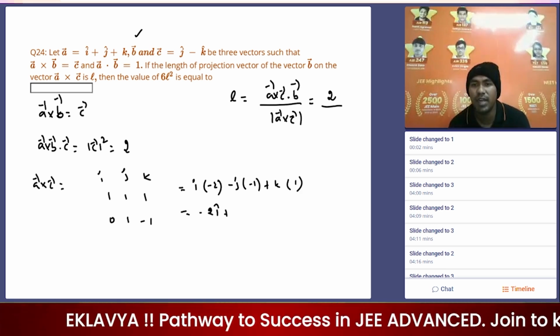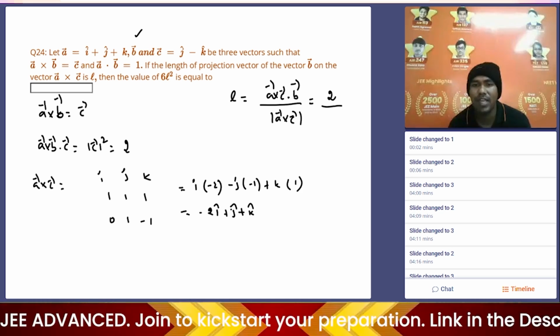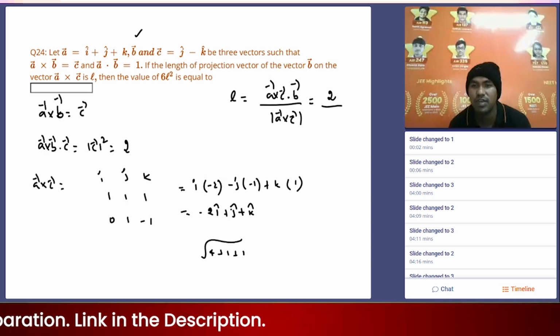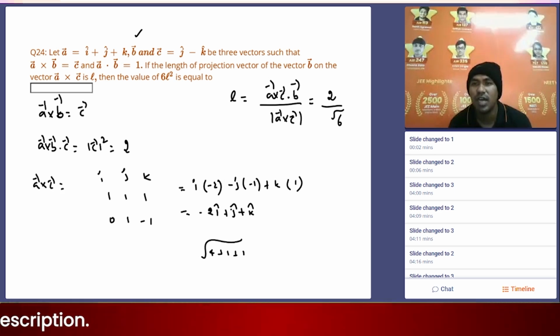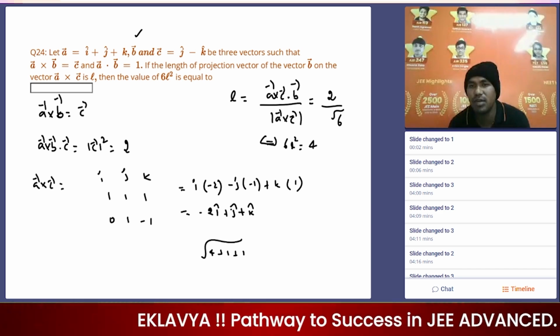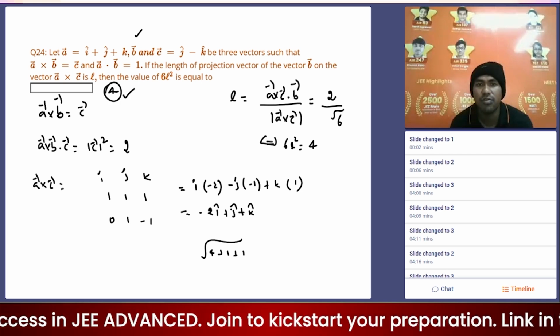Now it will become minus 2i plus j plus k. Now if I take the magnitude, the value will become root over 4 plus 1 plus 1, that will be root 6. And they are asking 6L square. So L square will become 4 by 6. 6L square will become 4. The answer is equal to 4.